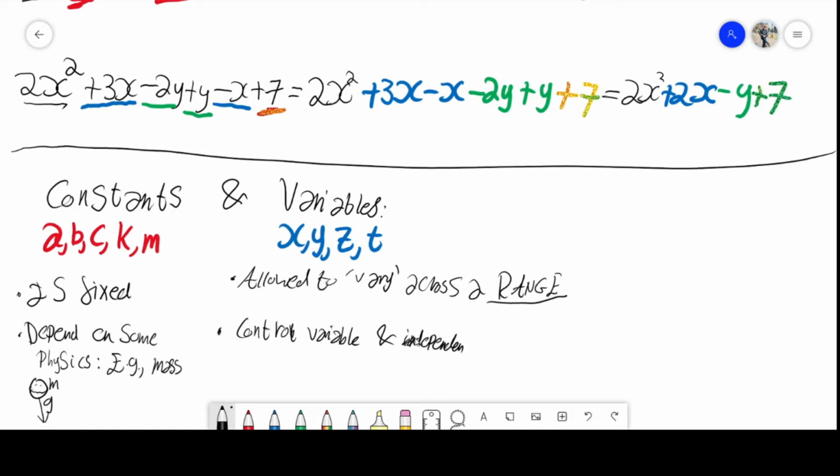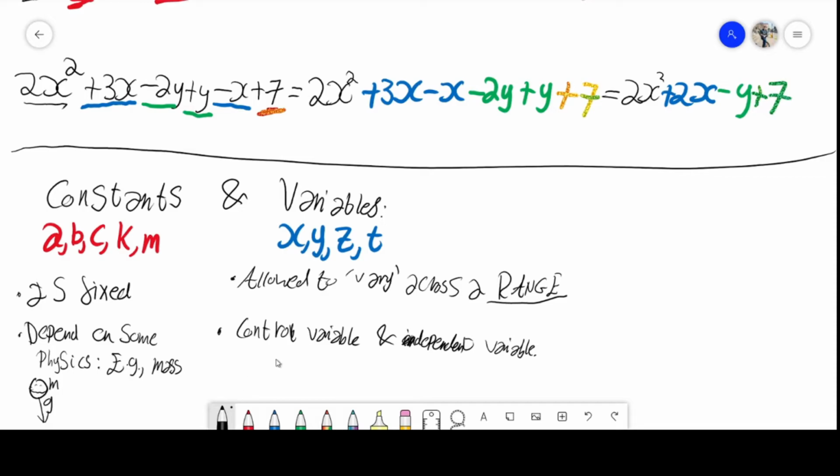Sorry, not independent, a dependent variable. Don't know what I'm talking about there. So yeah, you'll have a control variable and a dependent variable. So this could be, for instance, you're wanting to do an experiment where you want to induce a current by applying a magnetic field across a wire.